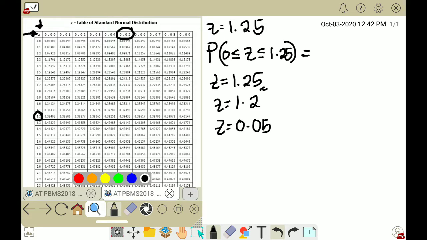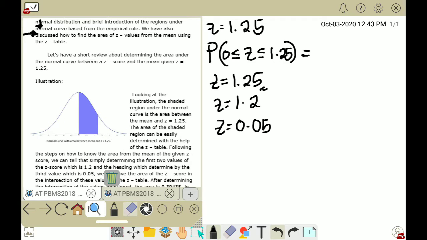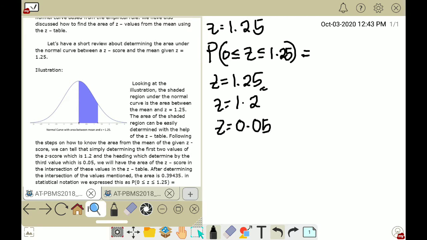Next, find the intersection. The intersection is 0.39435.